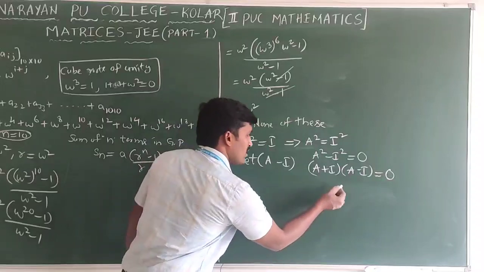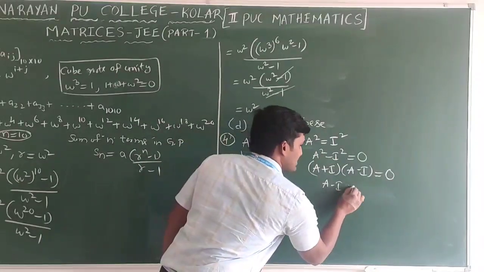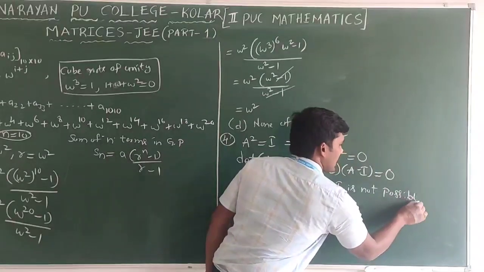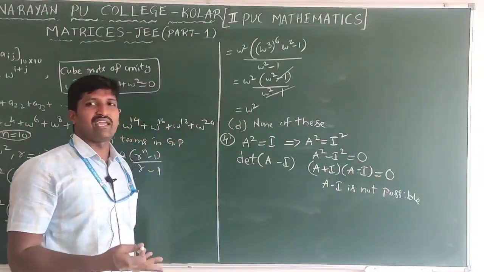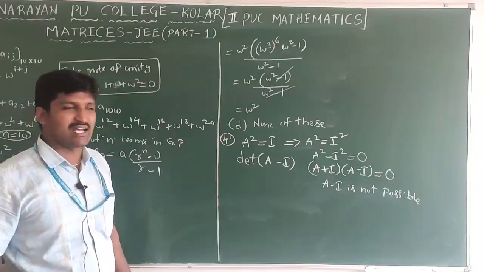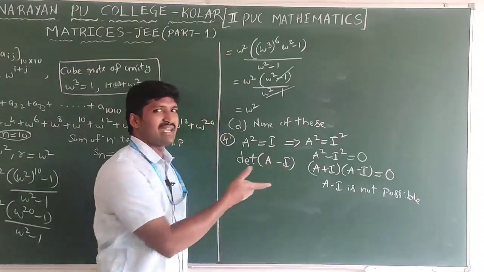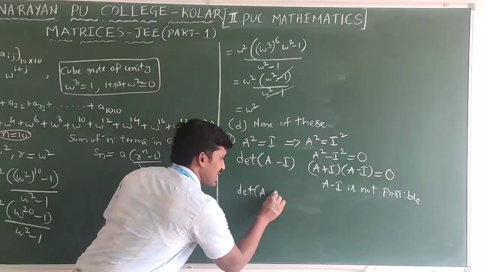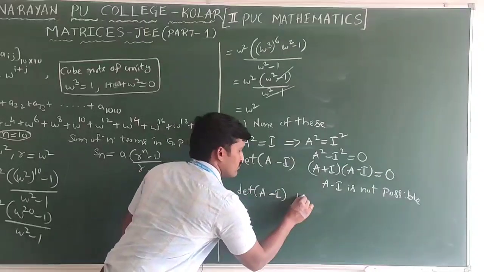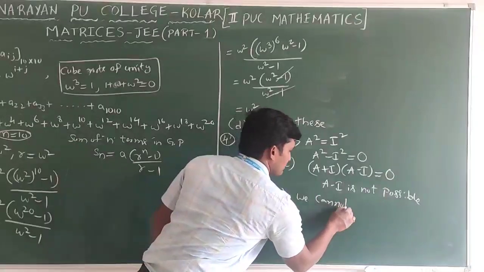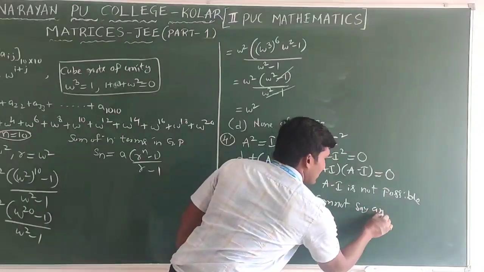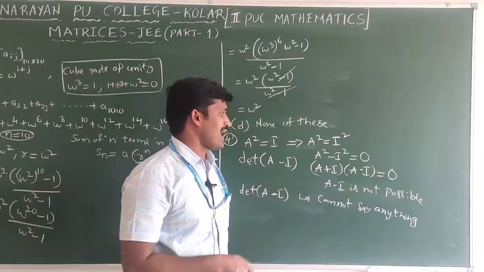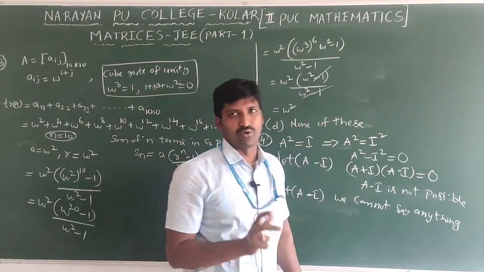In this case, the determinant of A minus I, we can't say anything, because we don't know the value of the A matrix and I matrix. Its subtraction also we don't know.